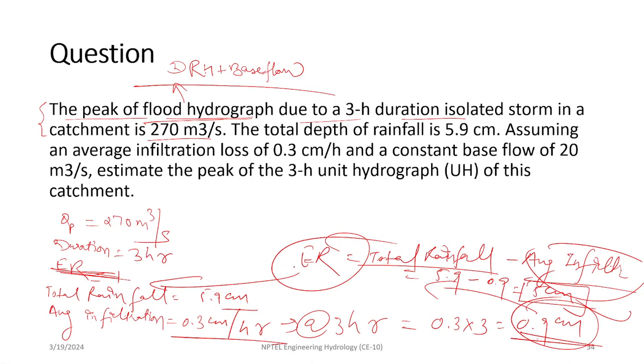Now moving to the next part. What do they want us to compute? Estimate the peak of the 3 hour unit hydrograph of this catchment. Again the proportionality will work here, which you already do.